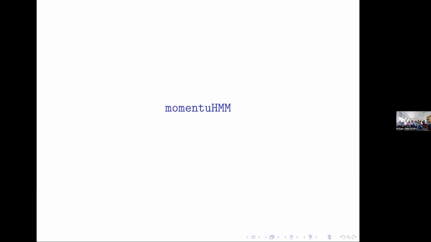This way you could also force the model to assign a step to one state if you know what the behavior is. In both moveHMM and momentuHMM, there is an argument called known states where you can just say, I know it is foraging at this time step.